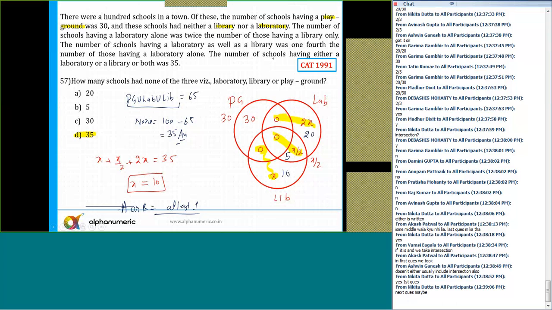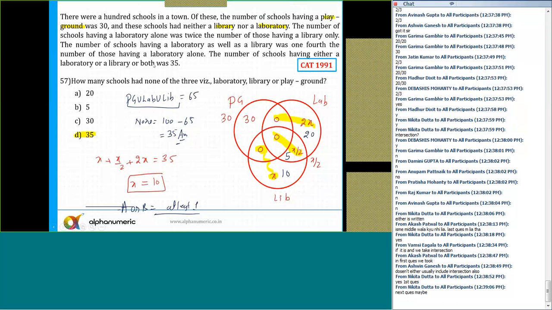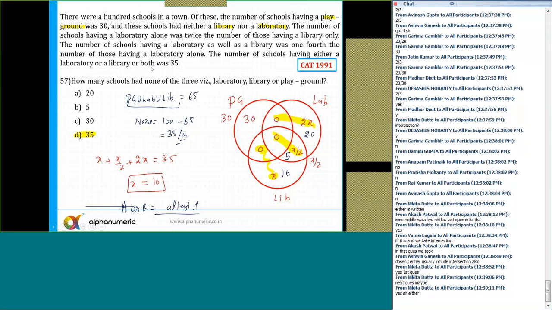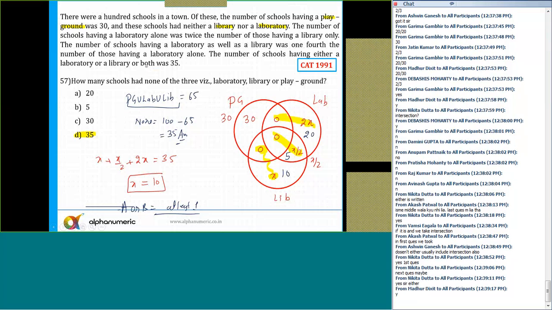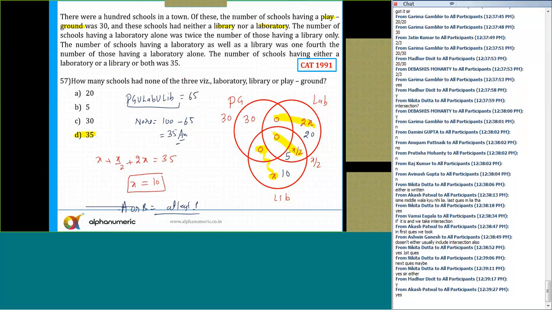Next. The number of schools having either a laboratory or both. Can you see the both? Akash, can you see here the mention of the word both? Let me take a laser pointer. Here, it is given either a library or both was also 35. So that means the sum of all these three.